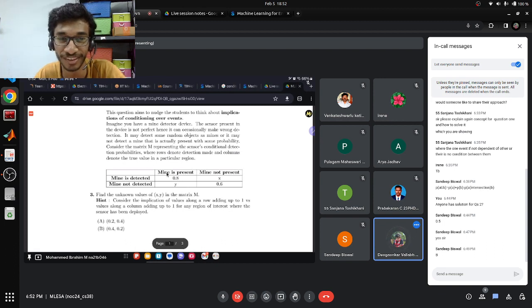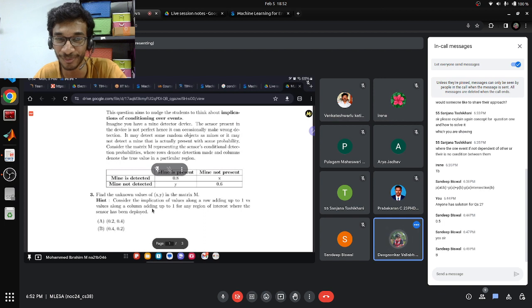So if you look at the entries in this and you add them up to get 1, which is 100% probability, what you are saying essentially is that if the mine is present and detected, so this could have been any number of entries. Mine is partially detected, or wood is detected, or anything.